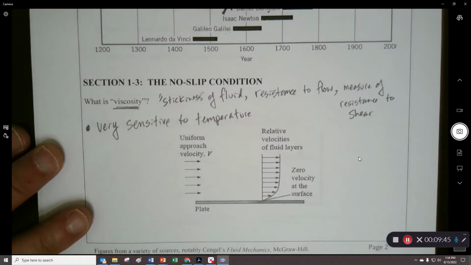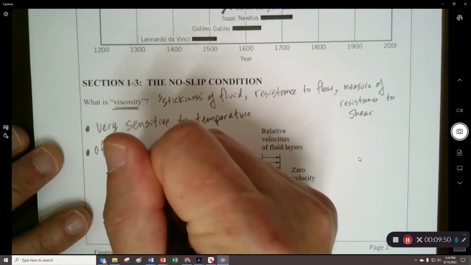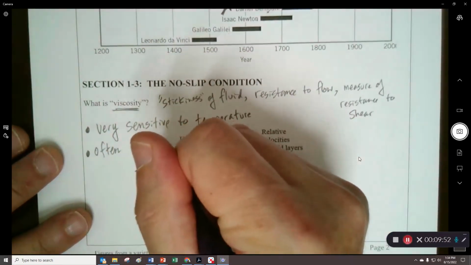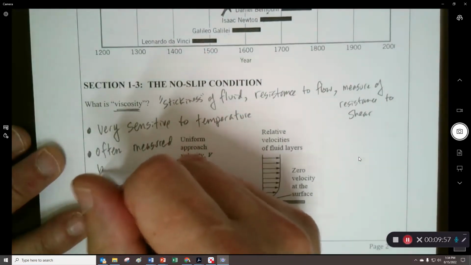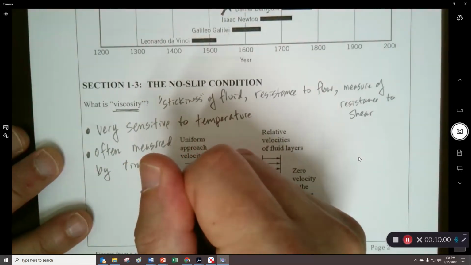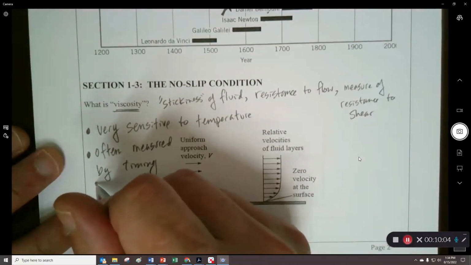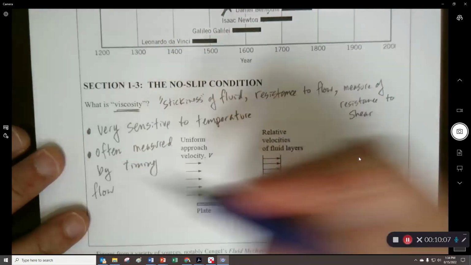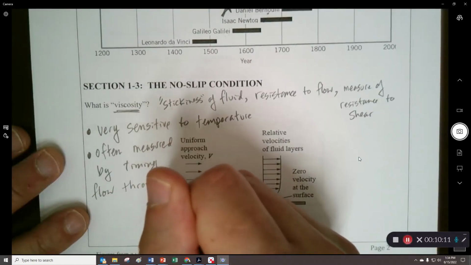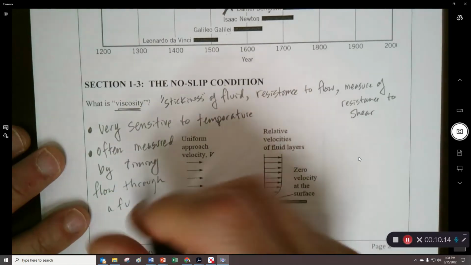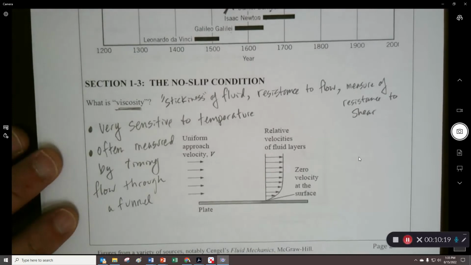Well, that's viscosity, right? And the way that we will often measure it, I wrote this down on my notes, we'll often measure viscosity by timing how long it takes to flow through a nozzle, or let's say through a funnel. So if you can picture that, you can start to understand viscosity.